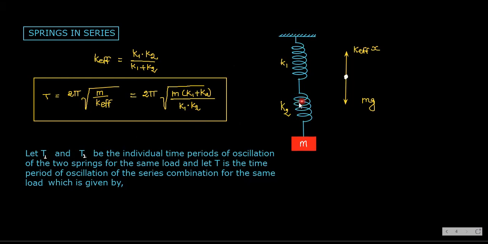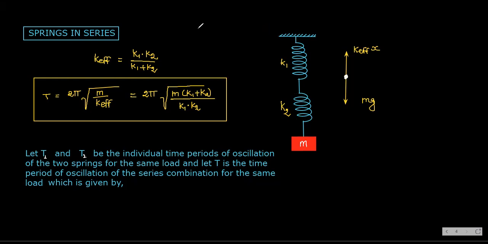Again they will take another spring whose spring constant is K2. They will attach the same load. You will get time period T2. Okay. And when these two are connected in series, the time period of this oscillation is, let us suppose, capital T. Then how to find the relation between capital T, T1 and T2?